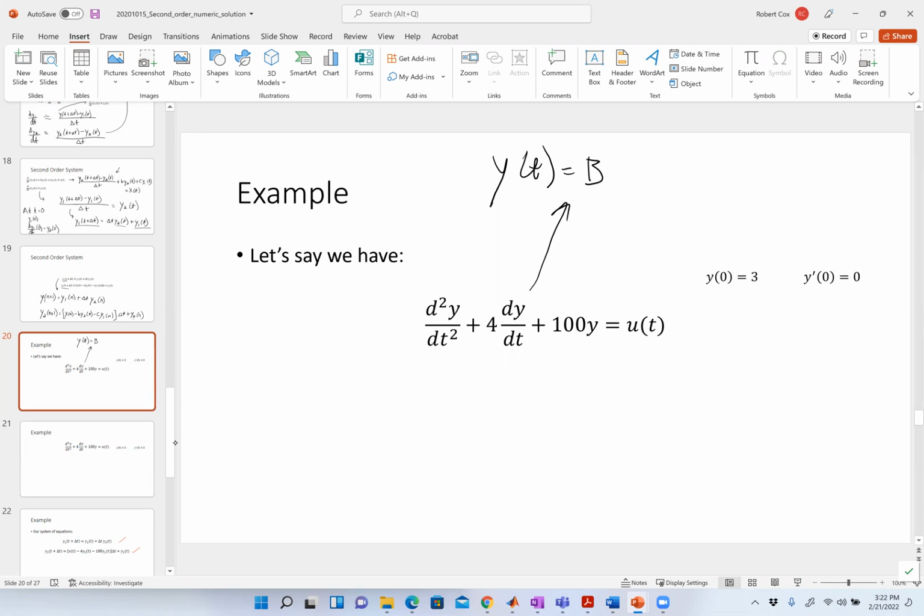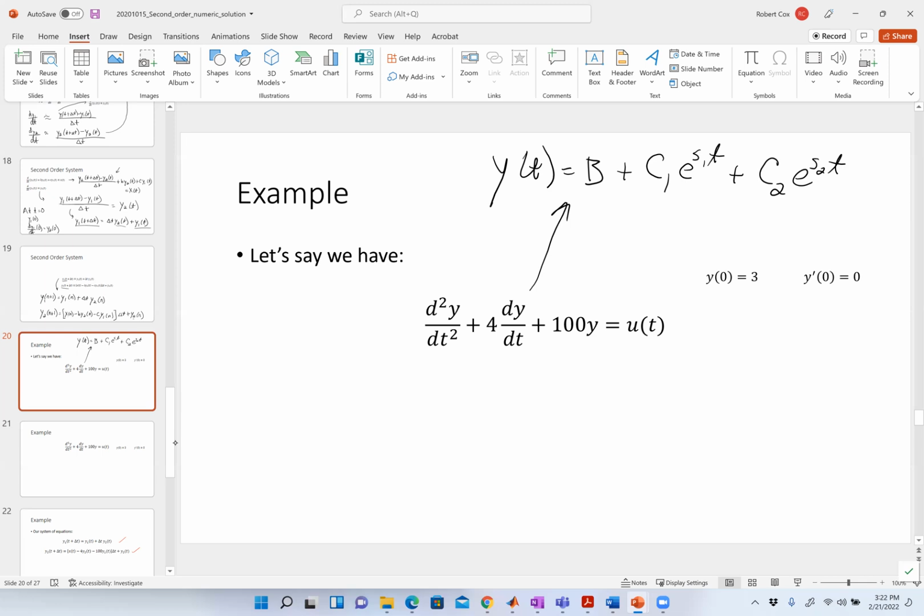What does the transient response look like? You have two exponentials with two c values. Ultimately, I know that I have c1 e to the s1 t plus c2 e to the s2 t. So yes, I have two exponentials, but there are a lot of different ways those exponentials can look.